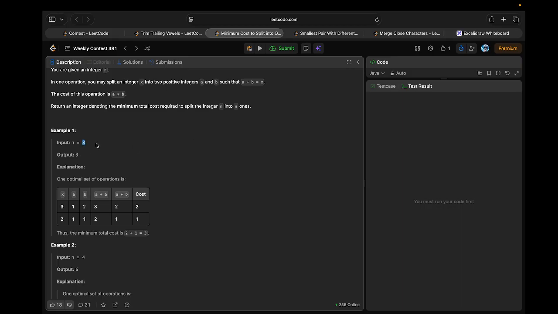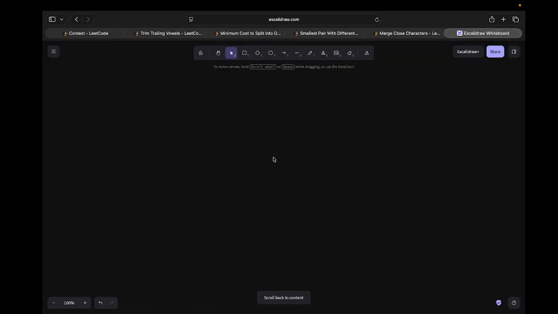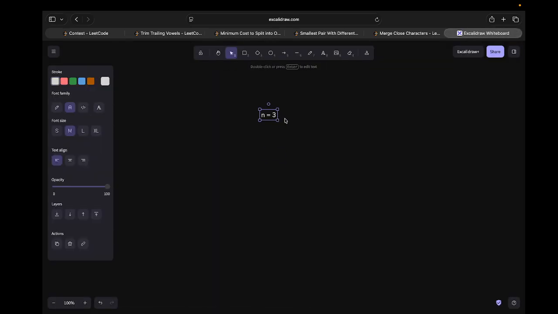Let's just understand what they are asking us. Say the value of n is 3. Our end goal is to divide the number into ones, right? Into ones. And this is our end goal which we have to achieve, right? And the operation they have given: if we select any particular number x, then we have to divide it into a plus b such that it is equal to x, and the cost is going to be a multiplied by b.